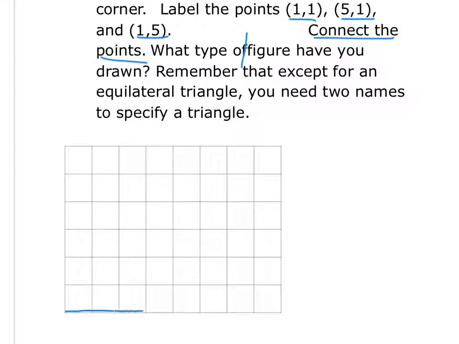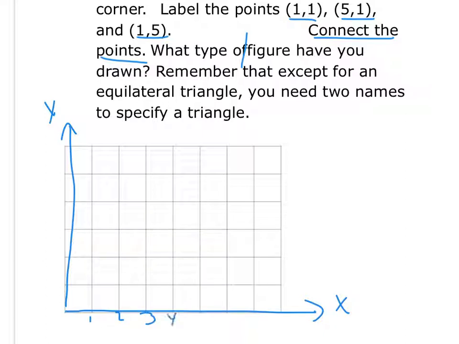So x and y. You got 1, 2, 3, 4, 5, 6. 1, 2, 3, 4, 5, 6. So we have at 1, 1, we have a point, 1, 1. At 5, 1, so we have 1, 2, 3, 4, 5, 1.